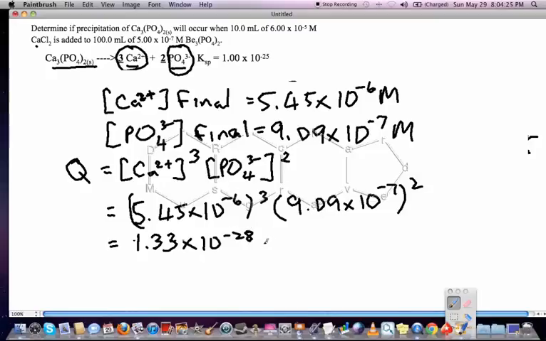And this is the value of Q. So our next step then is to look at the value of Q and compare it to Ksp. As you can see, the value of Q is less than Ksp. Therefore, precipitation will not occur.